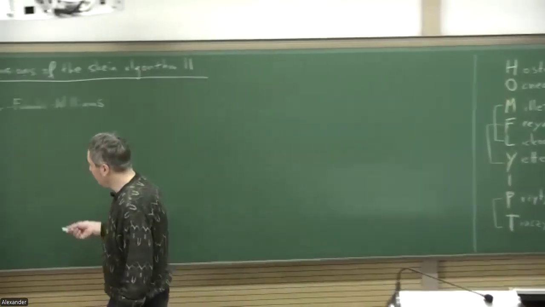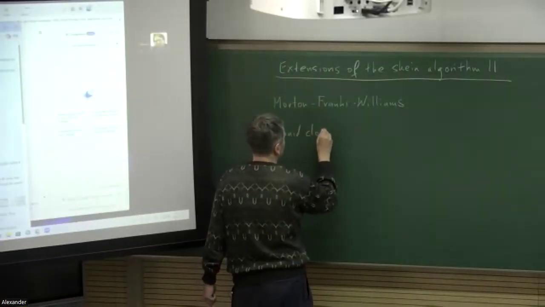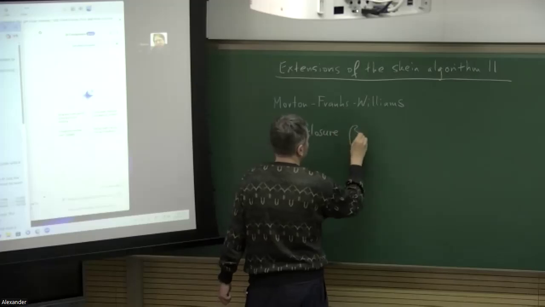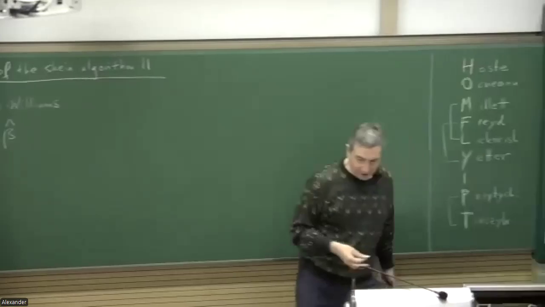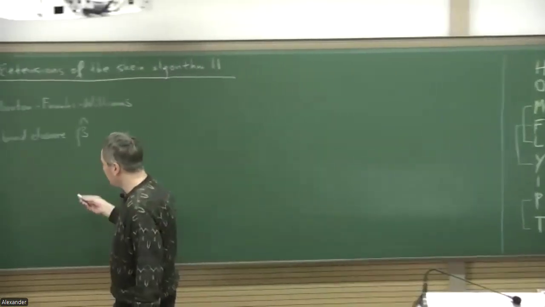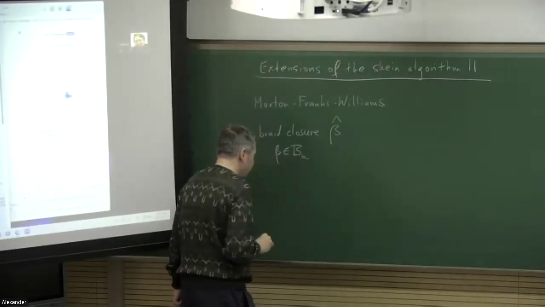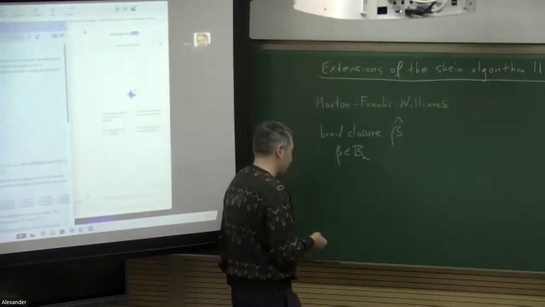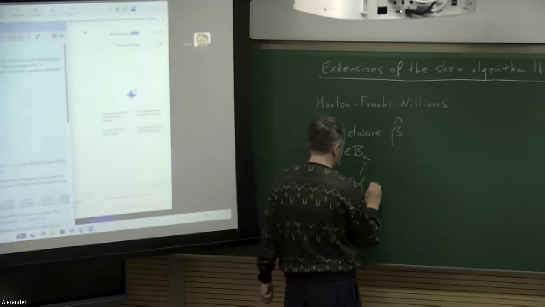So whenever you have a braid, you can obtain a link by the closure, and I write B_n for the n-strand braid, where n is the number of strands.